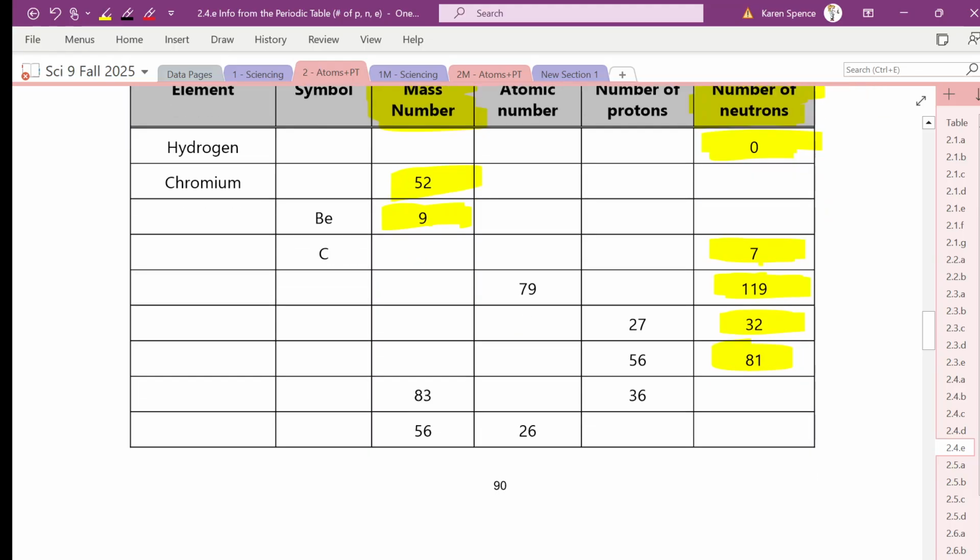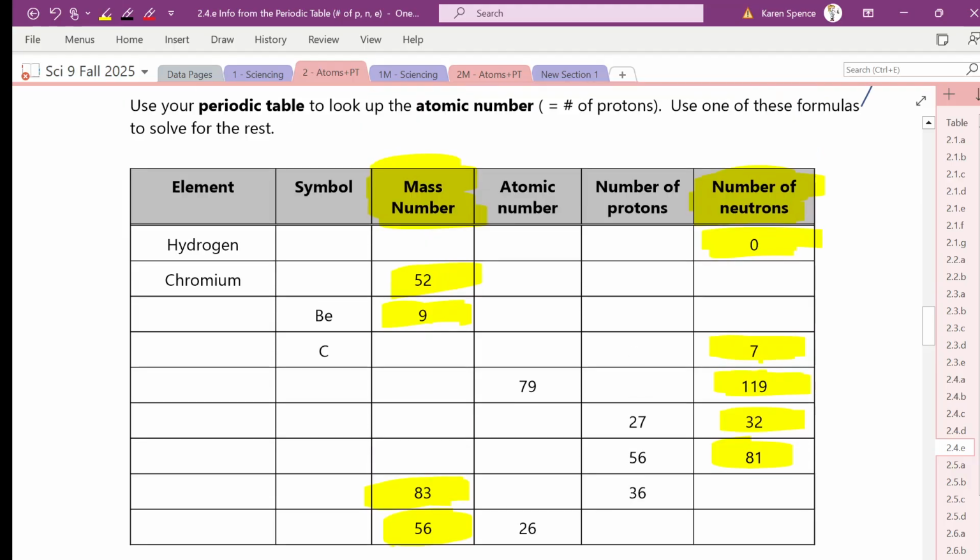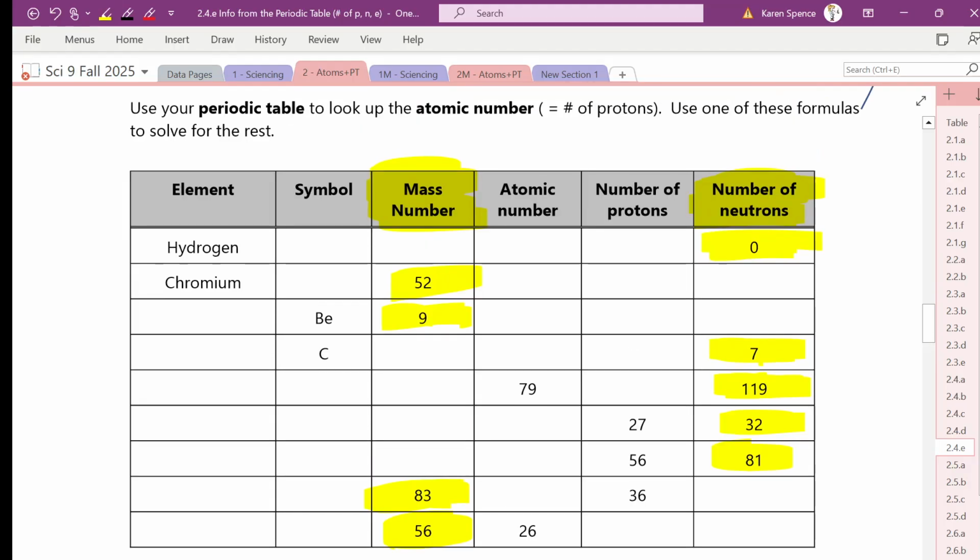You have to be given one or the other. Is it possible to find the number of neutrons without the mass number? No. Is it possible to find the mass number without the number of neutrons? So you have to have one or the other.